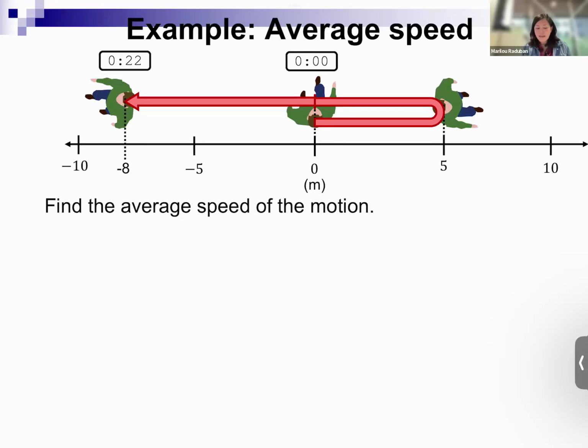Right, so here's an example. This person started from the 0-meter position, walked to the right, for example, and then walked to the left. How do we find the average speed of this person's motion?